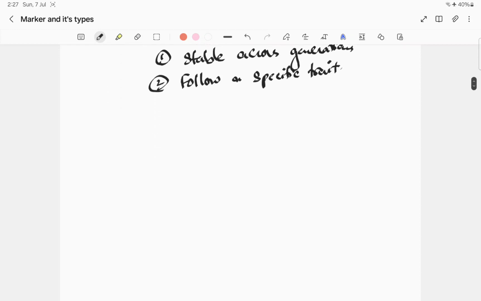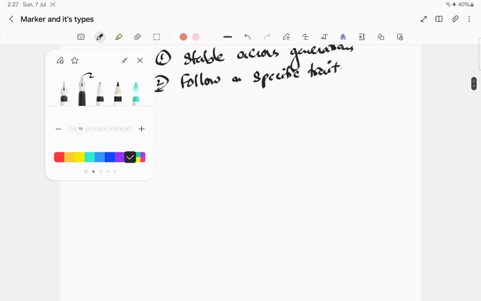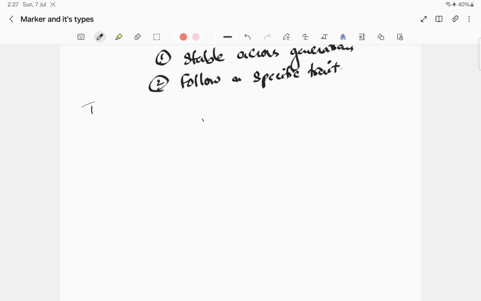Right? Now we will discuss types of markers. These markers are classified into different types.